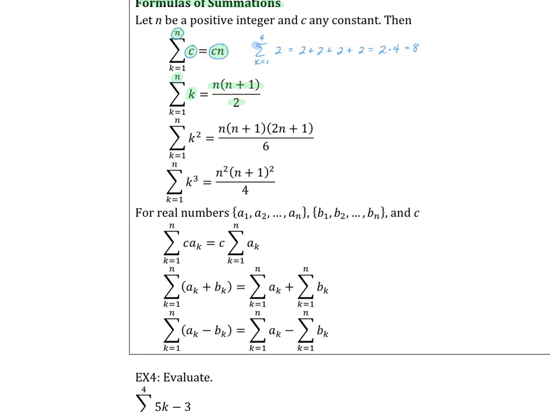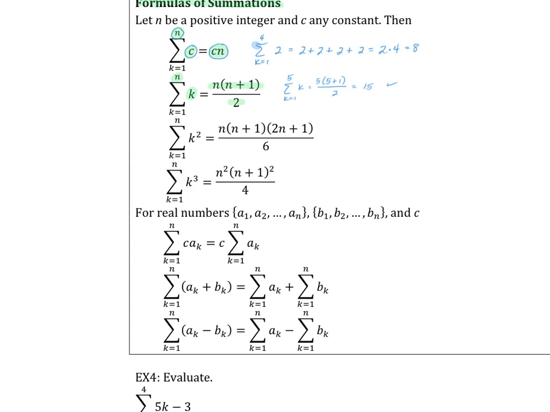Remember, we were looking at the sum from k equals 1 to 5 of k, which we said was equal to 15. Using this formula, my n is 5, so we have 5 times 5 plus 1 over 2. Is that equal to 15? Well, 5 times 6 is 30, divided by 2 is 15. Okay? So this formula checks out.